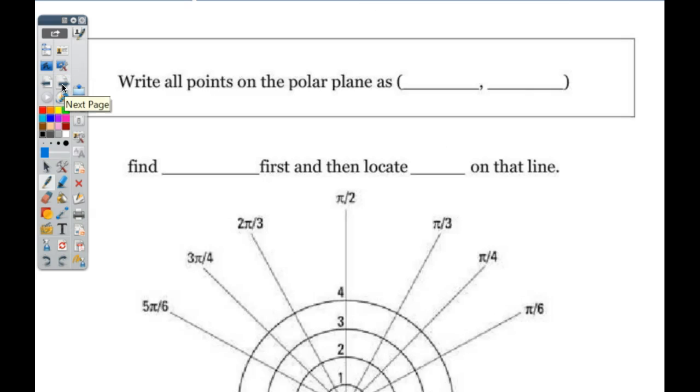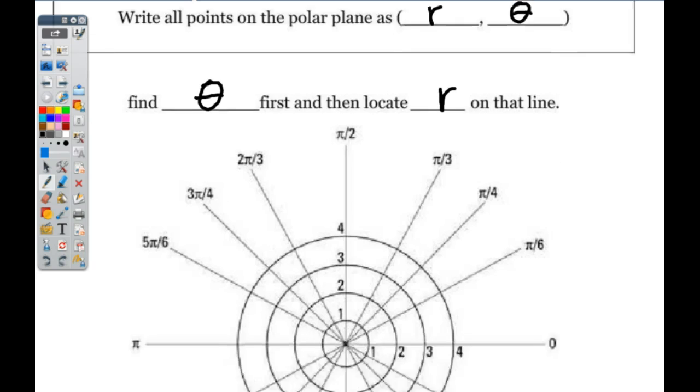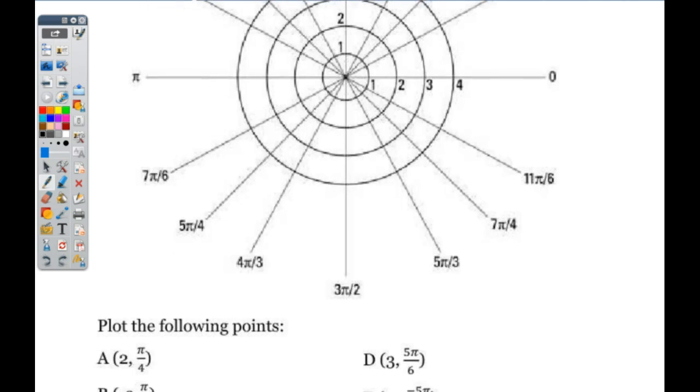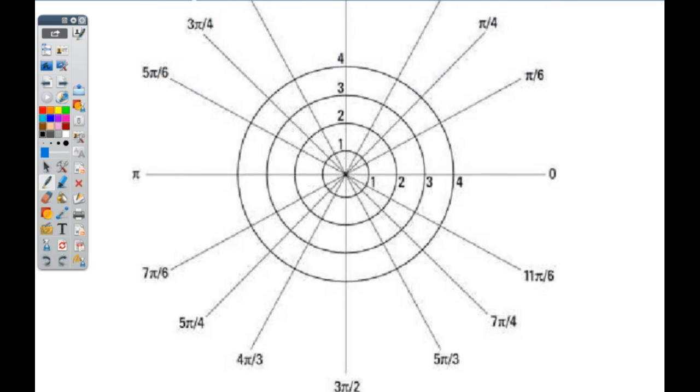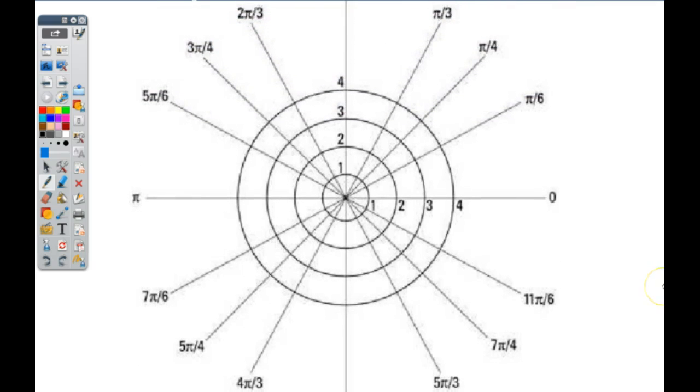All right, so we're going to write all points on the polar plane as r, theta. We're always going to start with theta first, and then we'll locate r. Always theta first, and then r. So my first point is 2 and pi over 4. So which one did I say we have to start with?